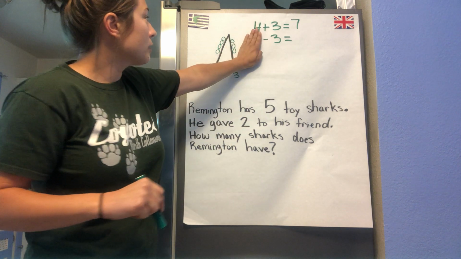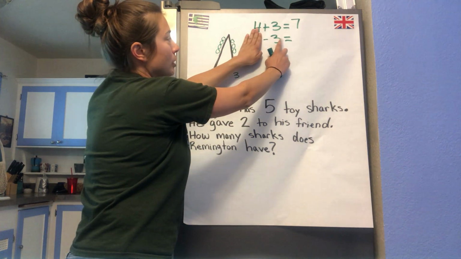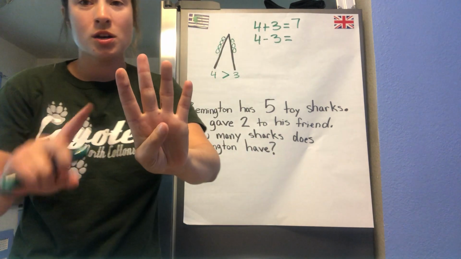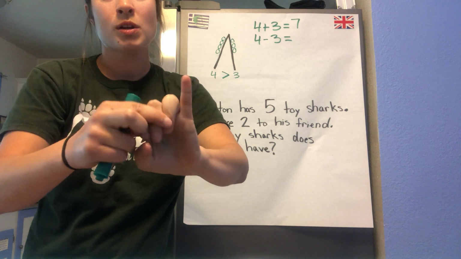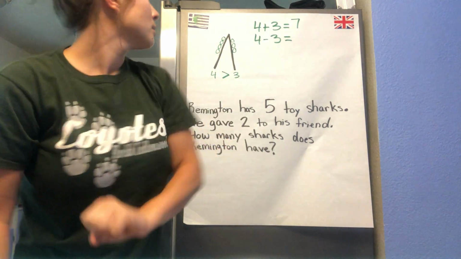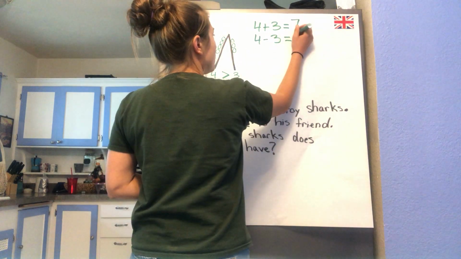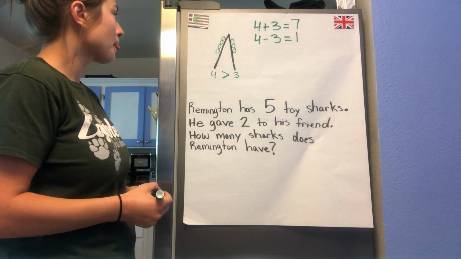Minus, and the equation tells you, you're going to take 3 away. 4, and take 3 away. 1, 2, 3. Only 1 is left. 1. 4 minus 3 equals 1.